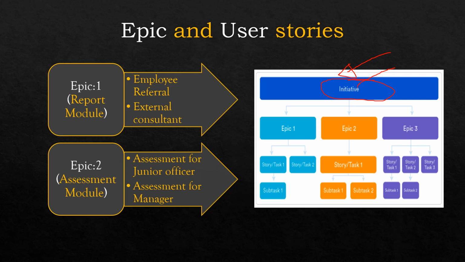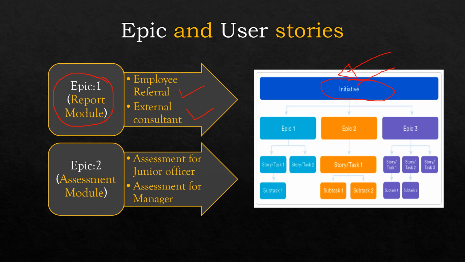As an example here, for epic one I have considered the report module, in which there are two kinds of reports we have to develop. So this report module has been decomposed into two different stories. The first report is employee referral and the second report is external consultant.